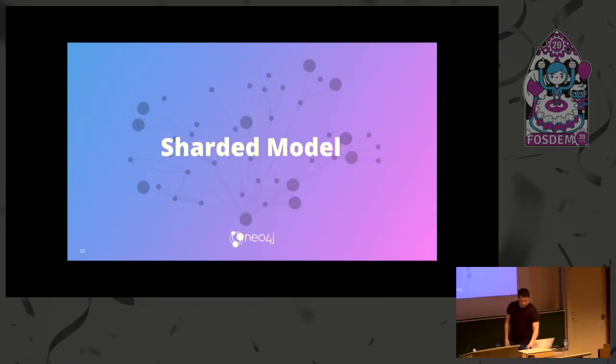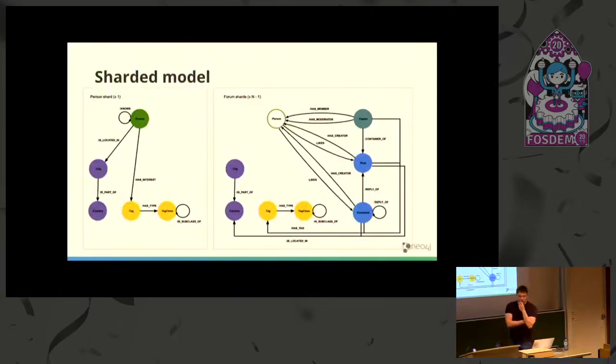So, just for inspiration, this is how we decided to shard this model. We evaluated many approaches, and this is the model we came up with. What is interesting about it is that it is asymmetric. That means not all the shards have the same data set.